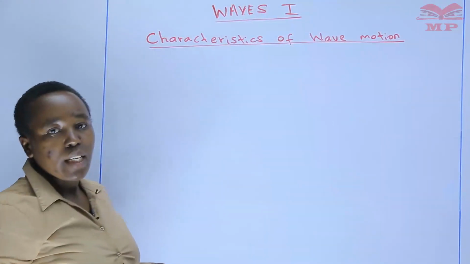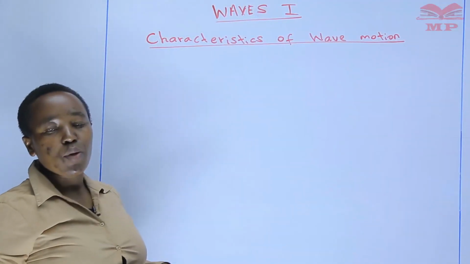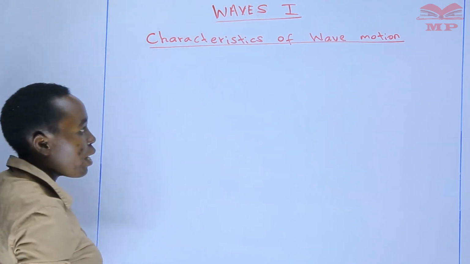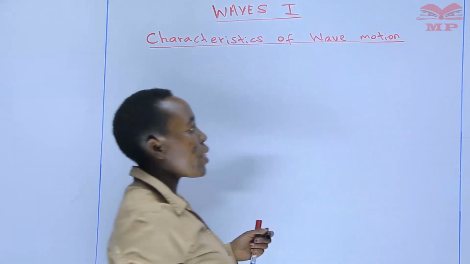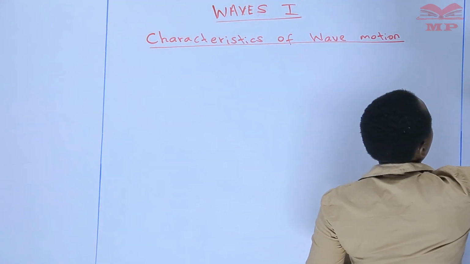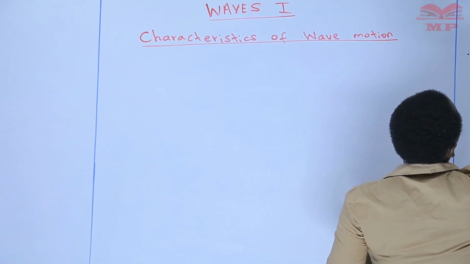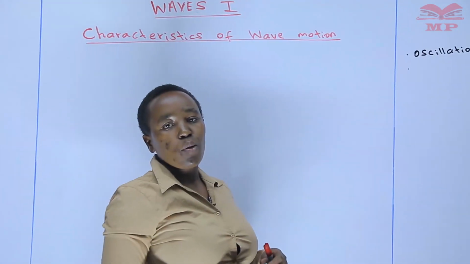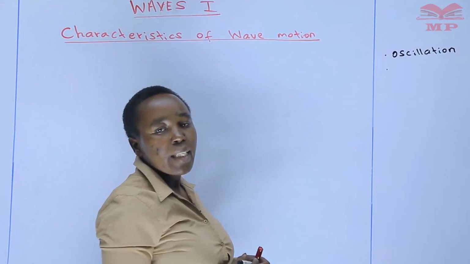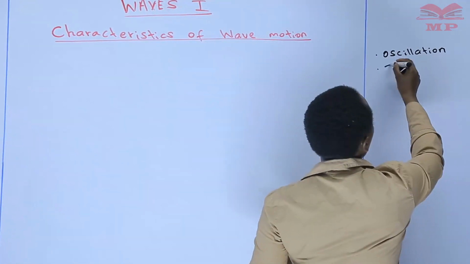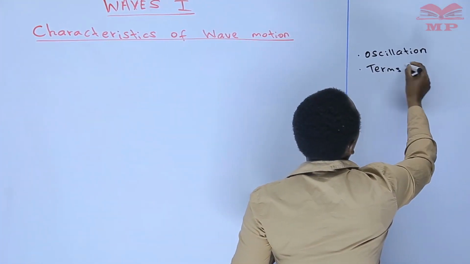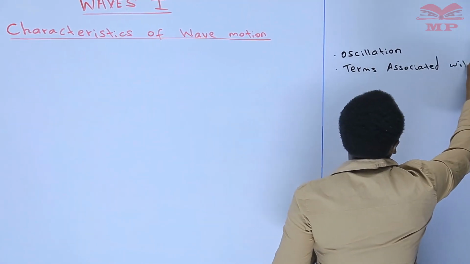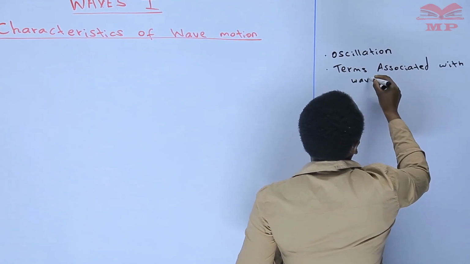By the end of the lesson, you should be able to tell when an oscillation is complete, and number 2, you should be able to explain terms associated with waves.